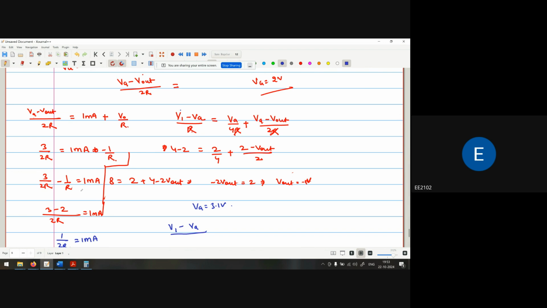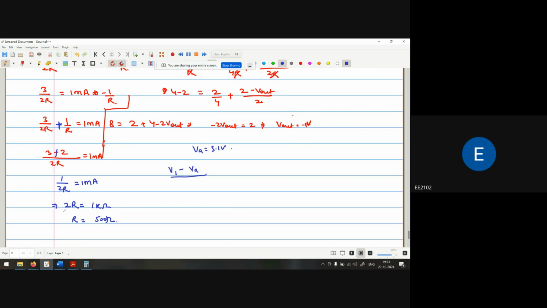Oh, sorry, this is a plus. So it becomes 5. So the value of R is 5 by 2 kilo ohm.